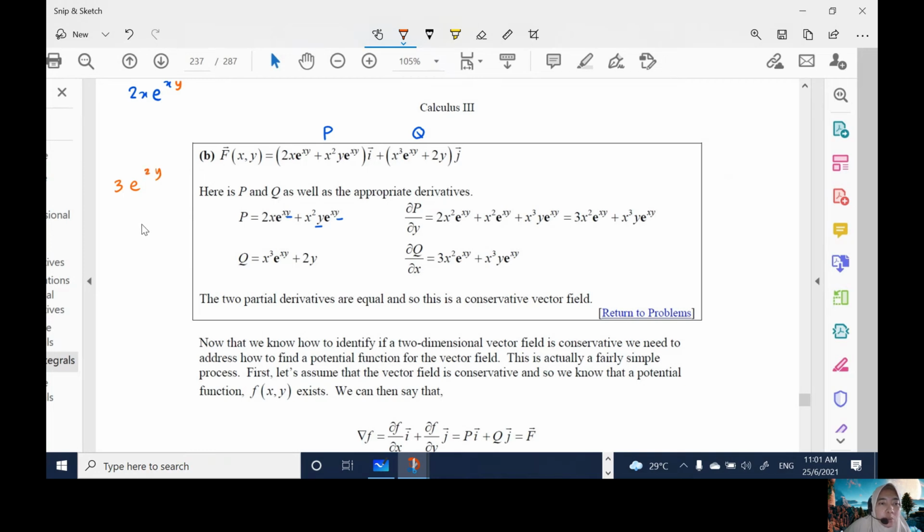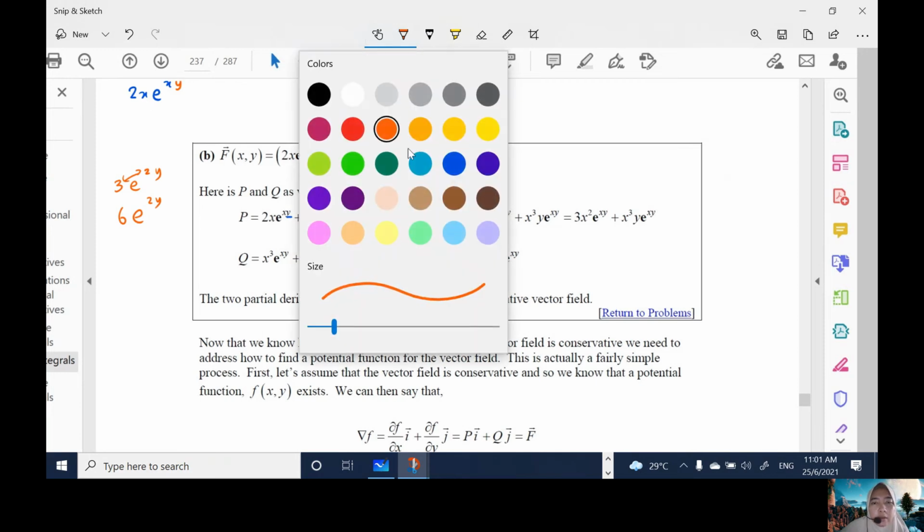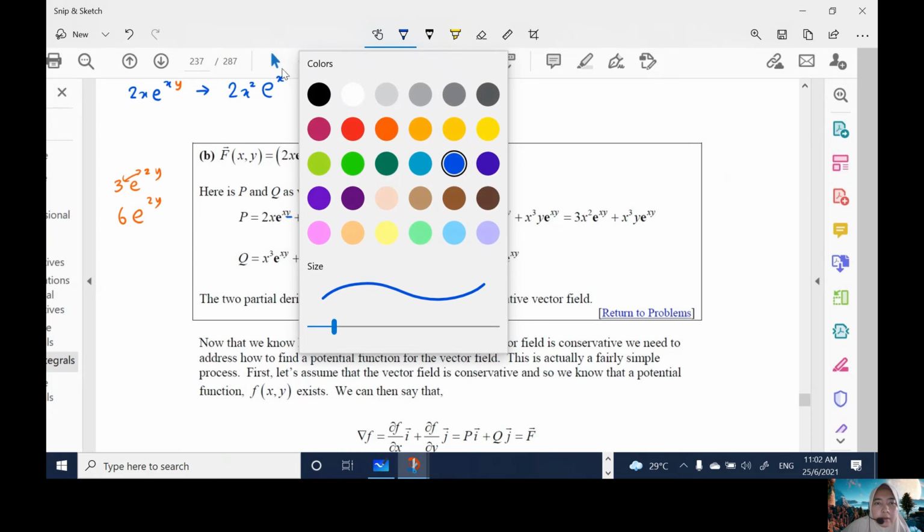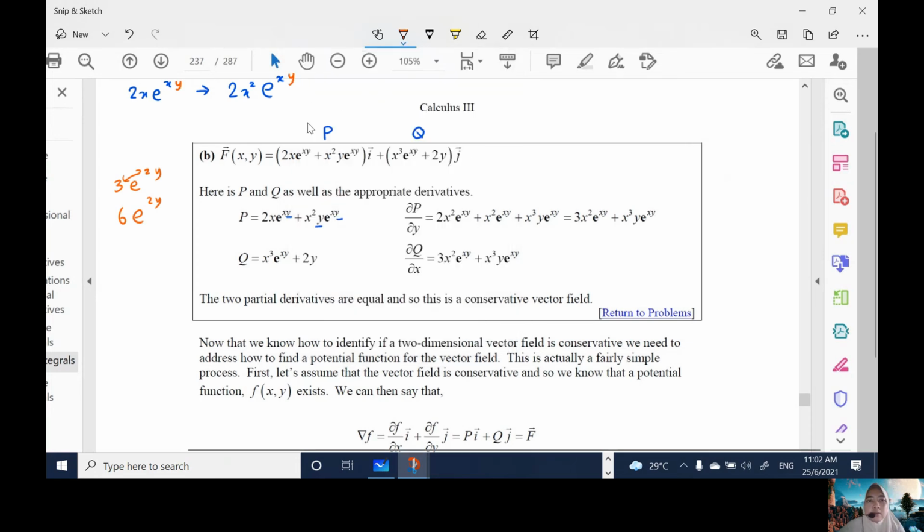How to differentiate with respect to the y variable? Of course, this part will be multiplied, right? So we get 6e to the power 2y. Similar, so this part would also be the same thing. The answer for this derivative would be 2x times x, so we have 2x squared, then we have e to the power xy. So the first part is very simple. Now we are going to see the other one, which is the second part.